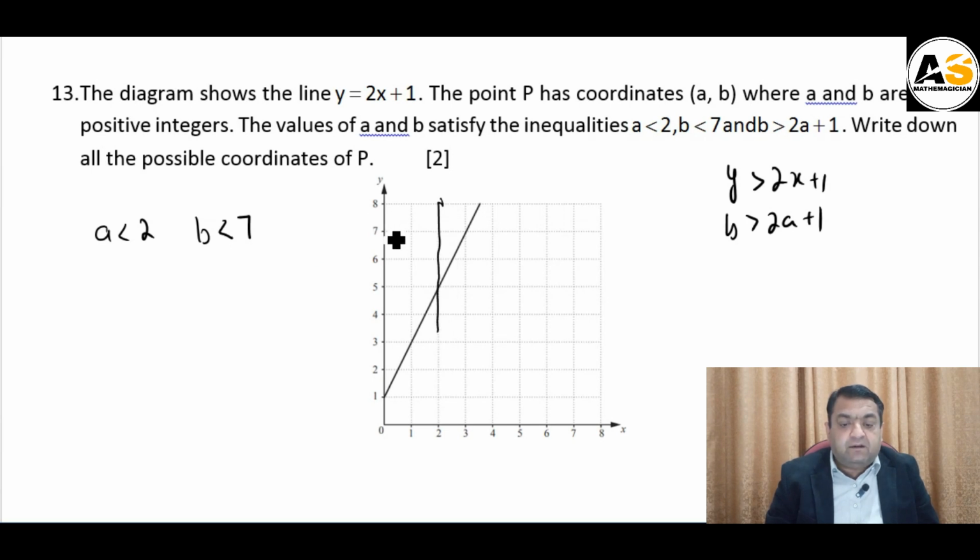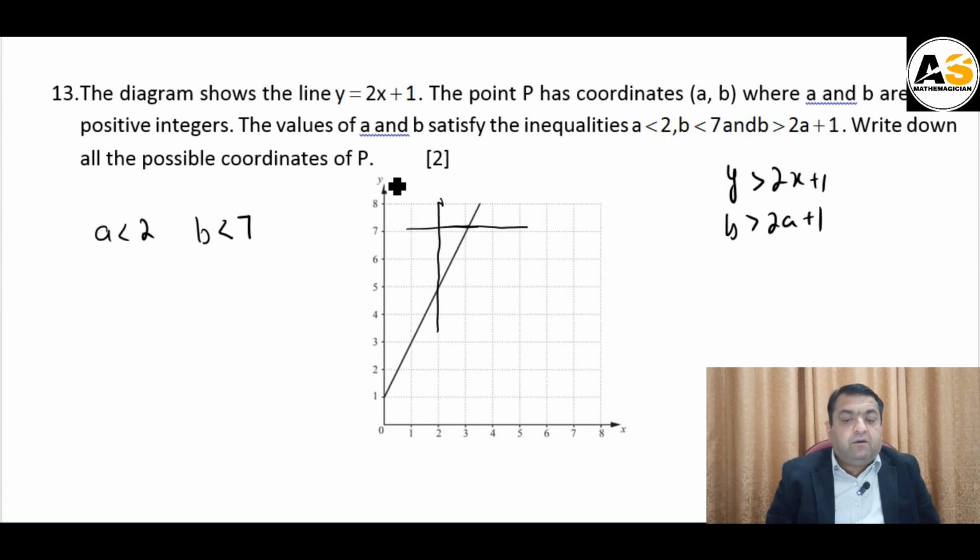B is less than 7. And B is greater than 2A plus 1, and the point is above this line.